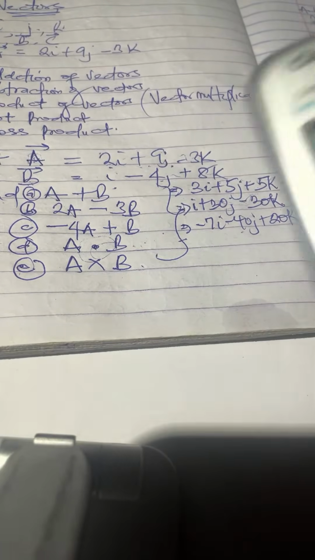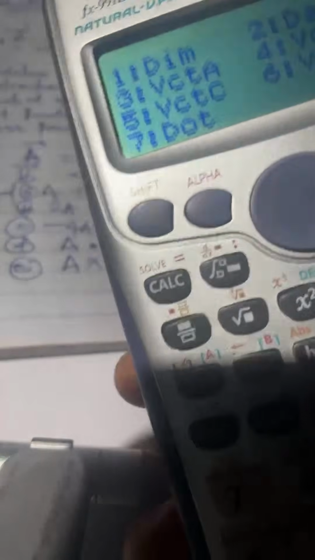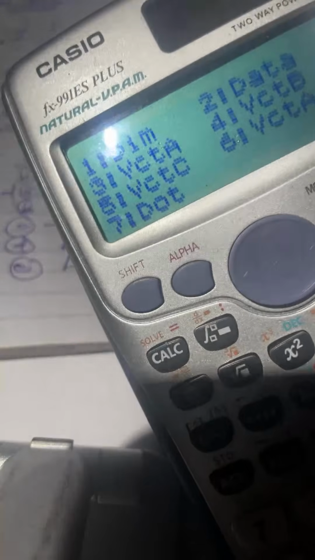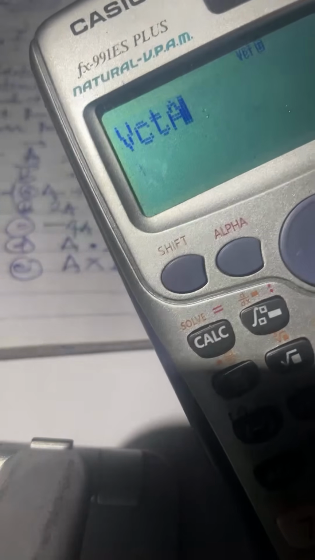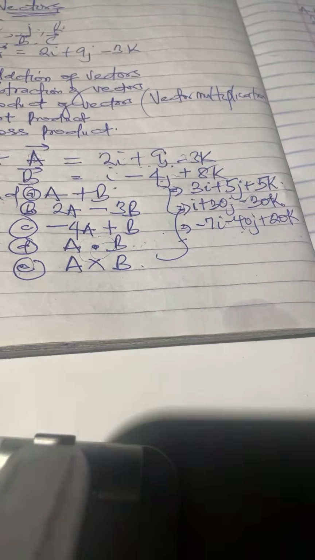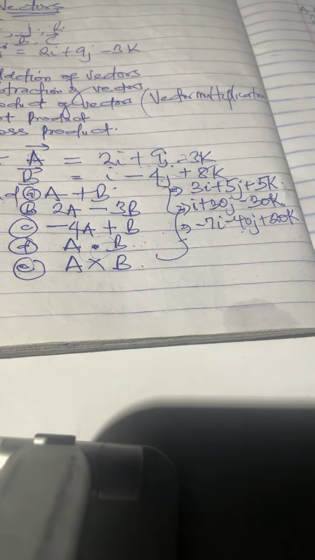So how do you bring vector A? Like I said, you press shift and press 5, then 3. That way you've brought vector A.